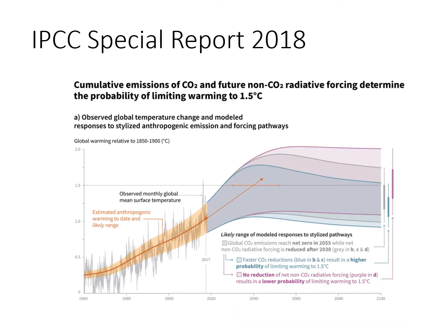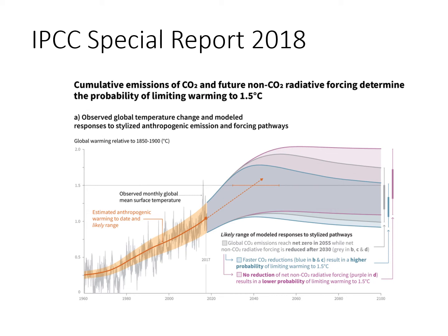This slide contains state-of-the-art understanding of what we need to do. Panel A shows a plot with time on the x-axis and temperature on the y-axis. The initial line in orange and gray is estimated global temperature until 2017. The gray panel shows the likely outcomes of temperature if we reduce emissions to 0 by 2055. The green panel shows what happens if we reduce emissions to 0 by 2030.